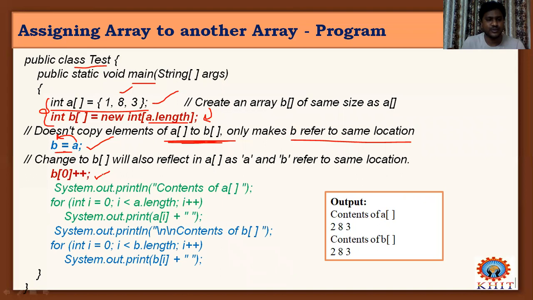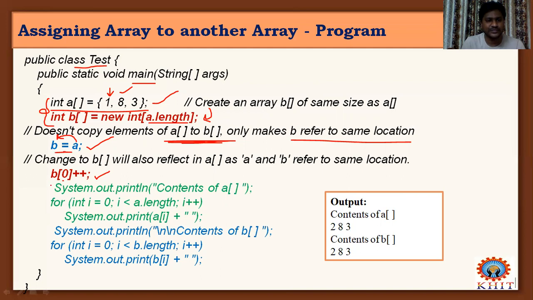And for example, to understand that one, I'm going to increment the B of zero element. B is the second reference, and I'm incrementing the first index element of the array. The first index element of the array is 1. When I'm incrementing, it becomes 2. So the array is 2, 8, 3, right?